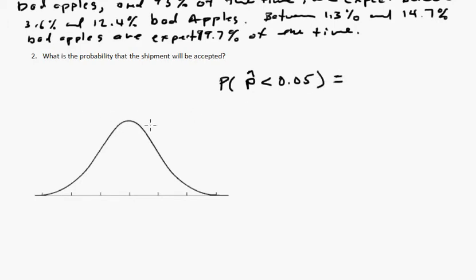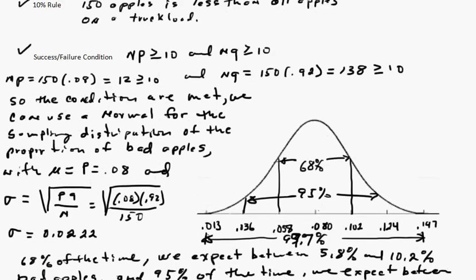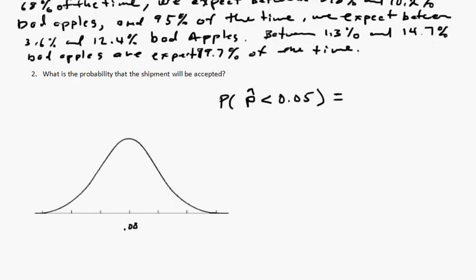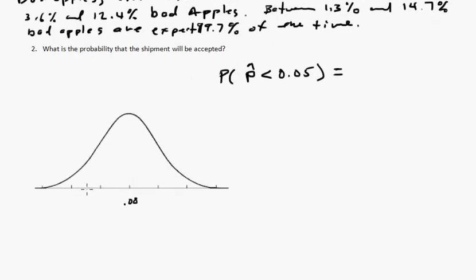Okay, so if this is 0.08, let's see, this is 3%, here's 5.8%. So 0.05 is somewhere in here. I don't quite know where yet, but somewhere in here. So we want to find this area. That's what they're asking us. Okay, so now we've got to compute the z value.